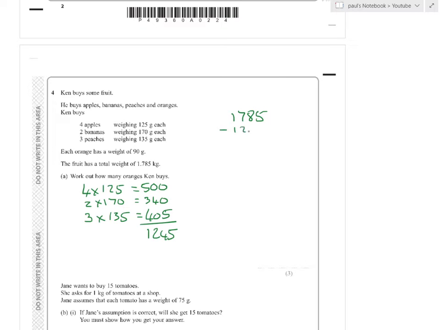So if we take away 1245, we're left with 540. Each orange has a weight of 90, so 540 divided by 90 will tell us how many oranges. 540 divided by 90 is 6. 6 oranges.